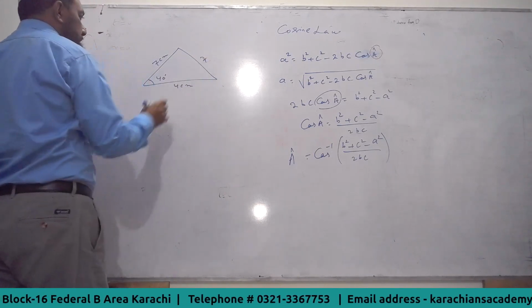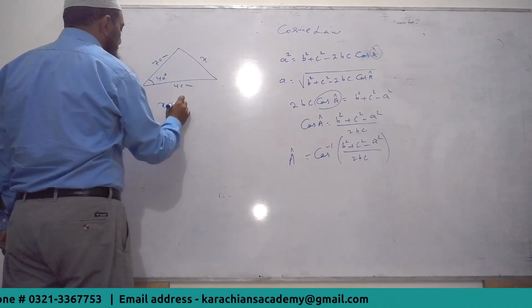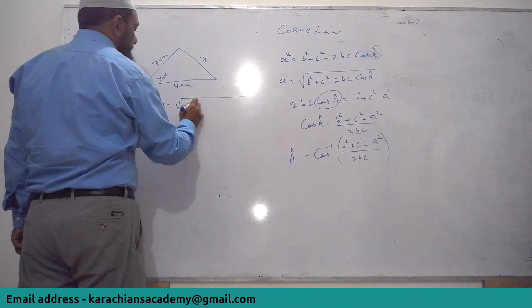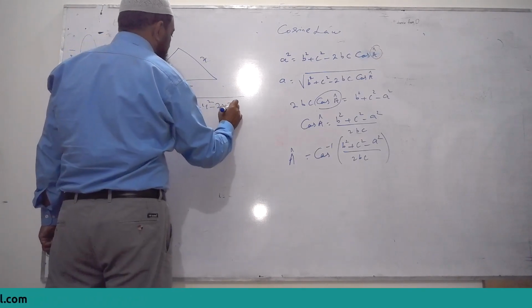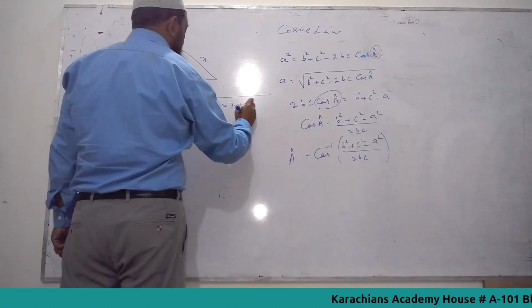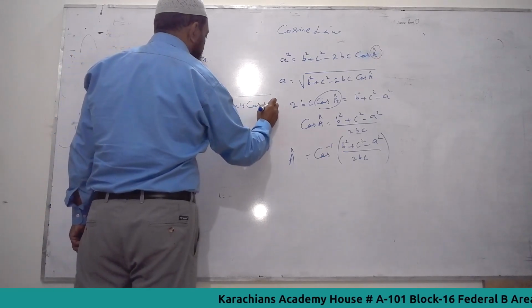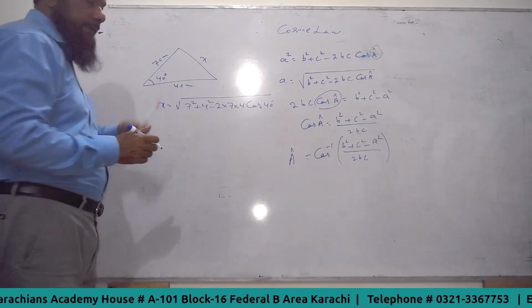We can easily find this x by using the same formula, that is x equals the square root of 7 squared plus 4 squared minus 2 into 7 into 4 into cosine of 40 degrees. After placing these values into this formula, you can easily find the value of x.